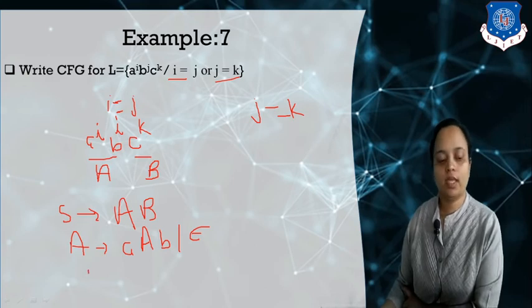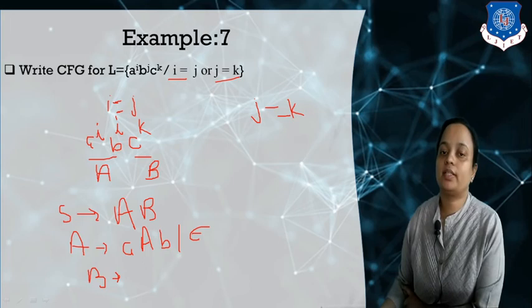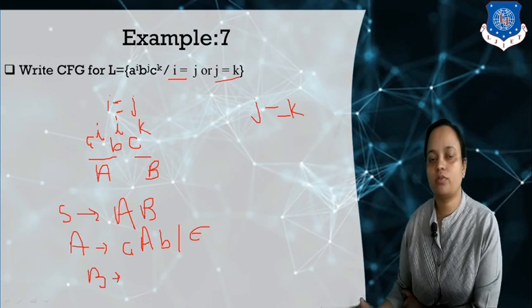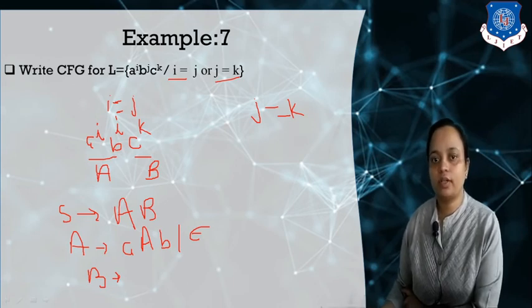This is my A, and B is helping to generate c raised to k, where k starts from greater than or equal to 0. If k is 0, 1, 2, then c is repeated: c raised to 0 is null, c raised to 1 is a single c, c raised to 2 is double c, 3c, 4c, like this. So it is like c star. The same concept I can use: small c, capital B, and null. This is my first grammar.